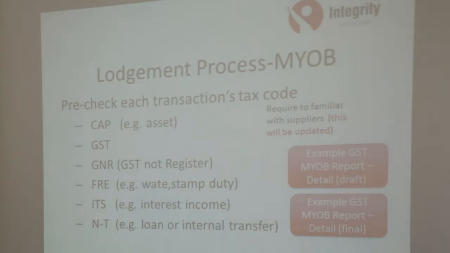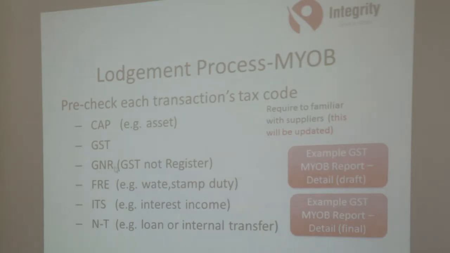So here are the 6 tax codes we currently use in all the entities. For CAP, it's actually still 10%, but when we choose this tax code, it gives us another category in the GST reports. Usually it is used for all the assets. For GST, as we all know, goods and services tax is 10%.